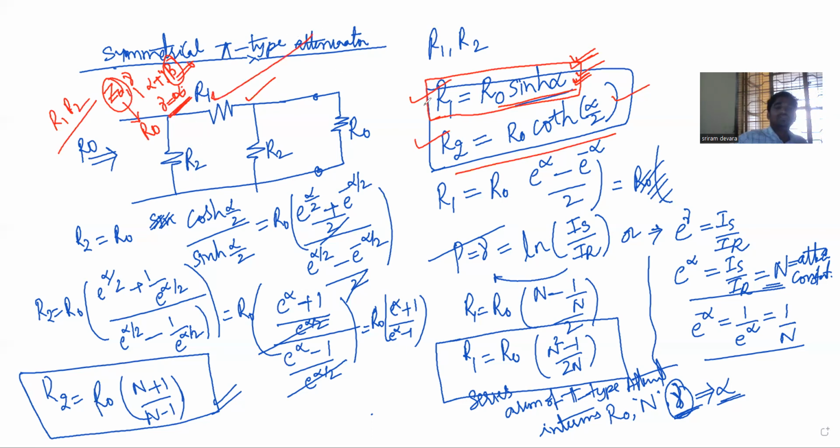So this is the mathematical formula for sinh alpha: (e power alpha minus e power minus alpha) by 2, whereas cosh alpha can be written as (e power alpha plus e power minus alpha) by 2. These are the hyperbolic function definitions. One is coth alpha by 2, and this is sinh alpha.